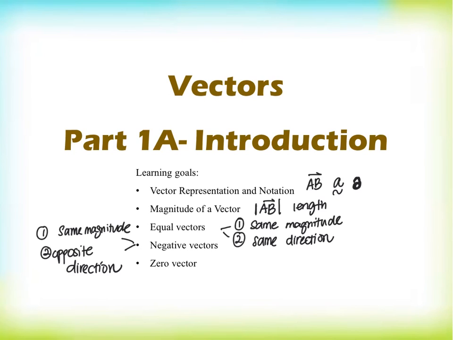Zero vector can be represented by the letter 0 with a tilde below. Now, zero vector doesn't mean it's no vector at all. It just means that the resultant will be the vector (0, 0). Meaning, I started at point A, I traveled somewhere else, and I returned to point A again. So that's why this is called the zero vector.